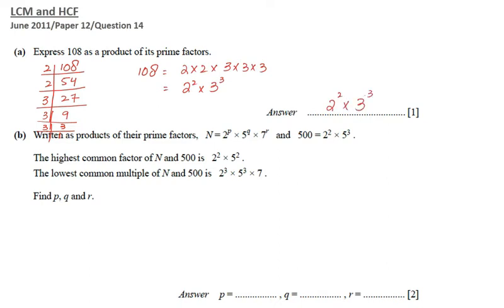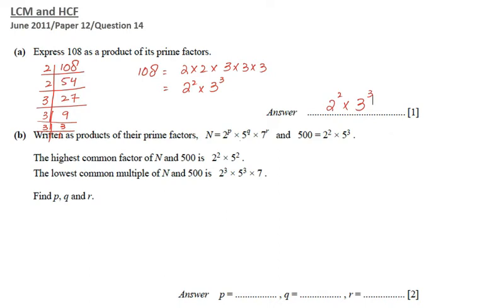Now in the next part, they are saying written as a product of their prime factors. Capital N has prime factors 2 raised to the power p, 5 raised to the power q and 7 raised to the power r. And 500 has prime factors 2 square into 5 cube. The highest common factor of n and 500 is 2 square into 5 square.